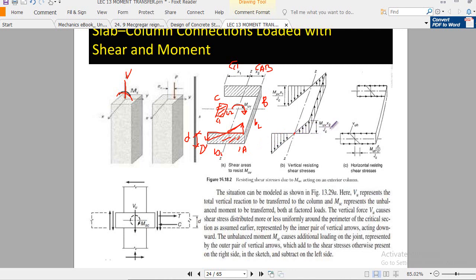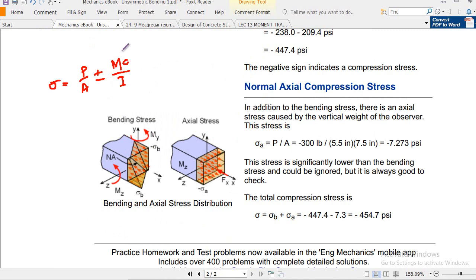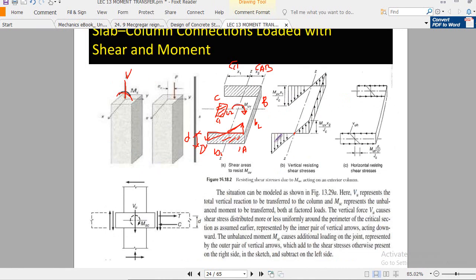So Mx2 divided by Jc. You already understand this equation, which is right here, Mc by I. This is the shear stress distribution. We will understand this thoroughly in the coming section.